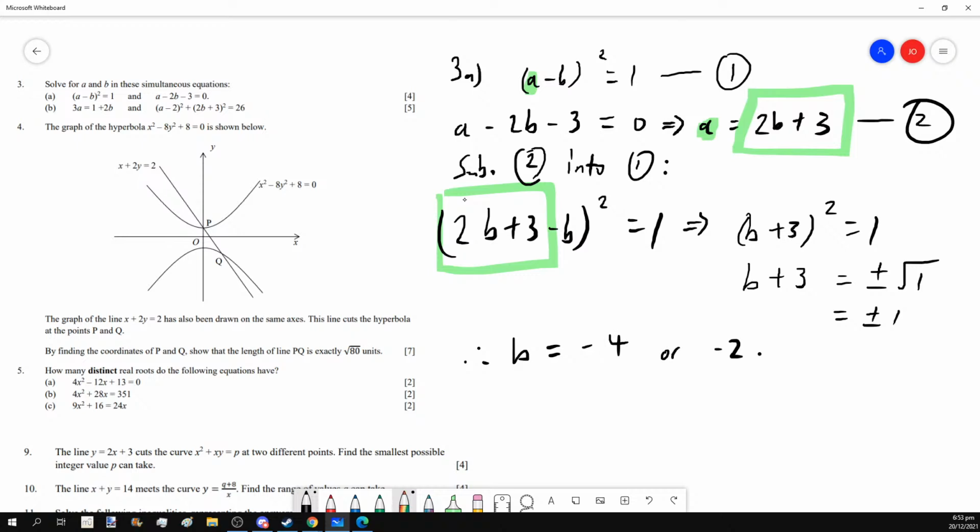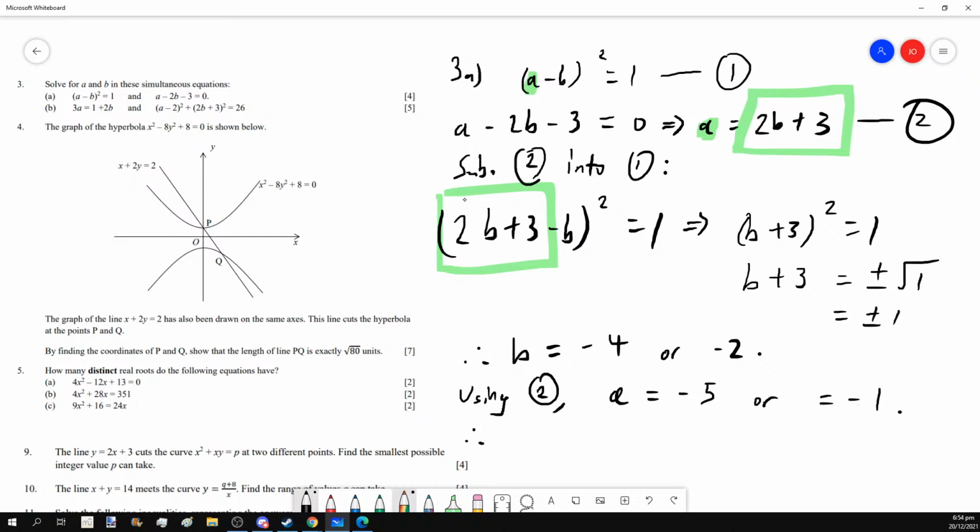Once you have found the b values, we will use the substitution from earlier, which is equation 2, and say that a = 2b + 3, which will therefore give me negative 5, or it can be equal to negative 1.